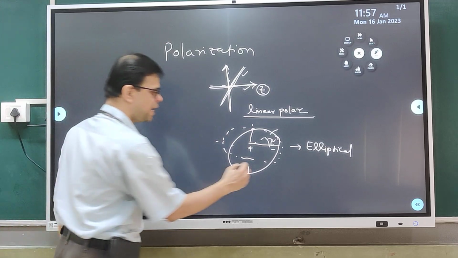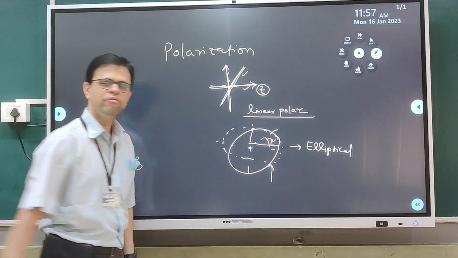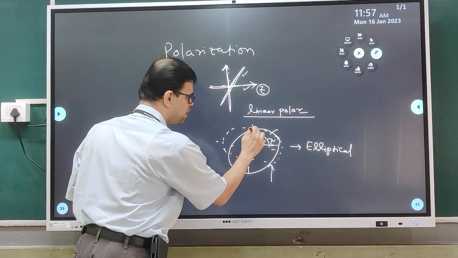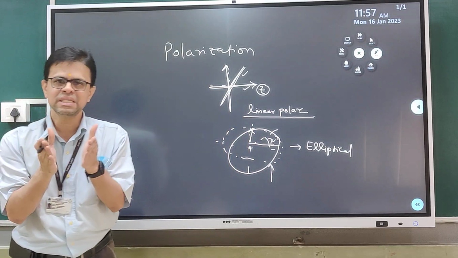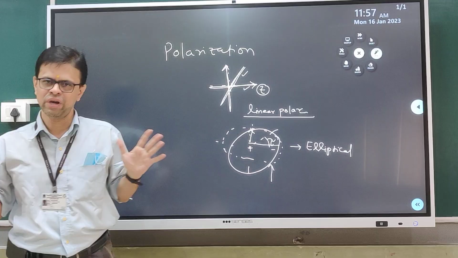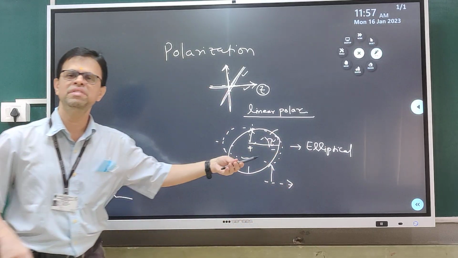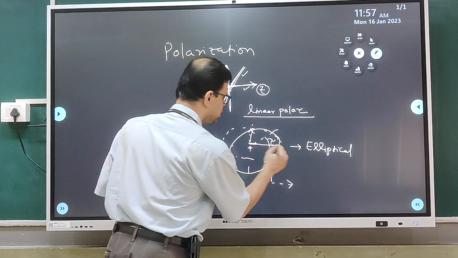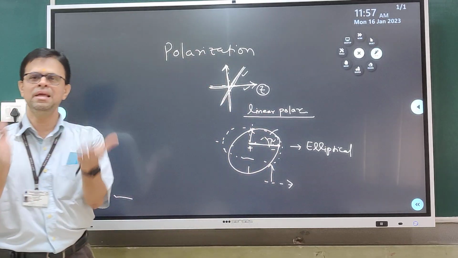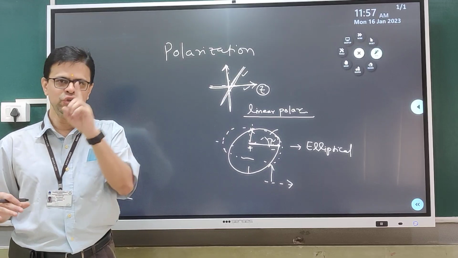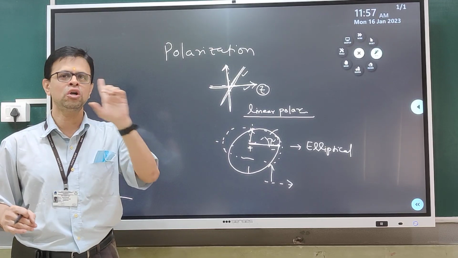Here, if the incident wave polarization is vertical, then depending upon this vertical magnitude, your signal will be received. Whereas if a horizontal wave is incident, then depending upon this magnitude of the ellipse, you will receive the signal. So in either case, your signal is not lost.